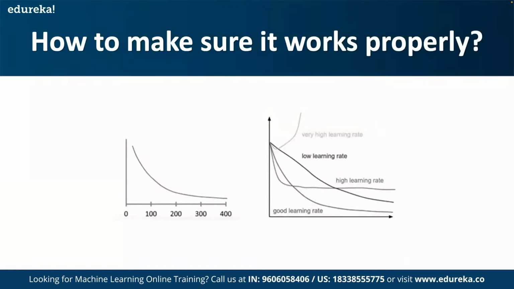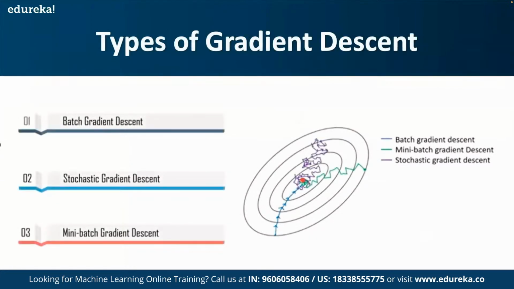While applying it on the data set, we generally make use of three different types of gradient descent algorithm: batch gradient descent, stochastic gradient descent, and mini batch gradient descent. Let's understand each of these methodologies.